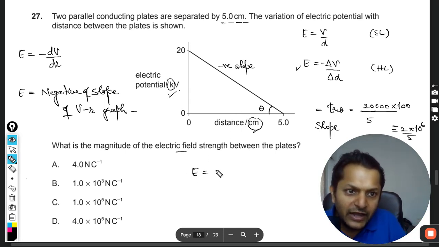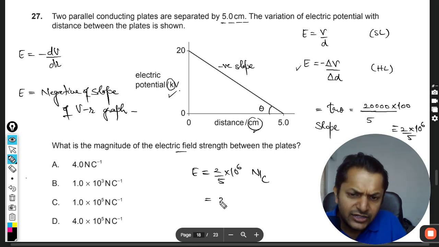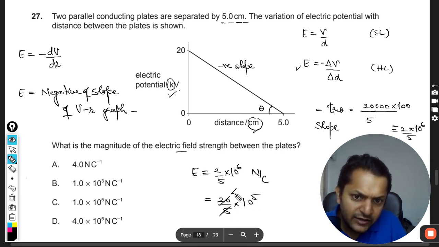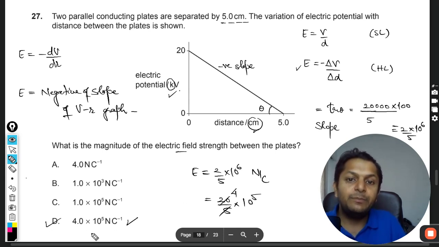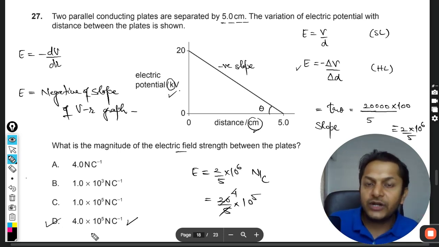So the electric field value will be 2 by 5 into 10 raised to power 6 Newton per Coulomb, which is the unit for this. And how can we write it? 20 divided by 5 into 10 raised to power 5. So it is 4 into 10 raised to power 5. D will be the absolutely correct answer here.